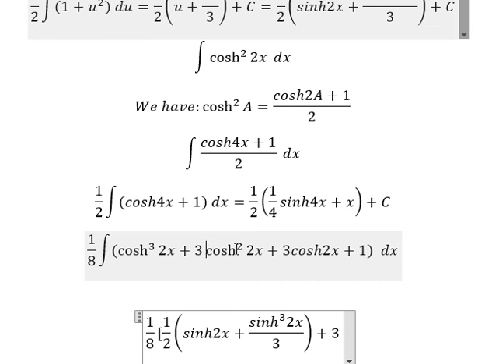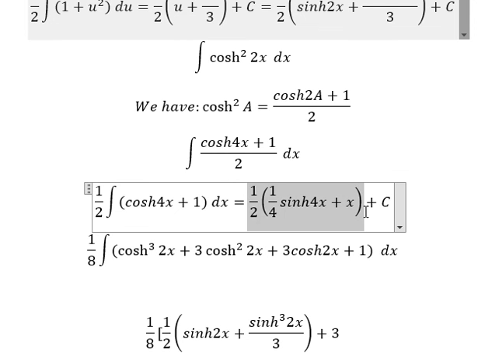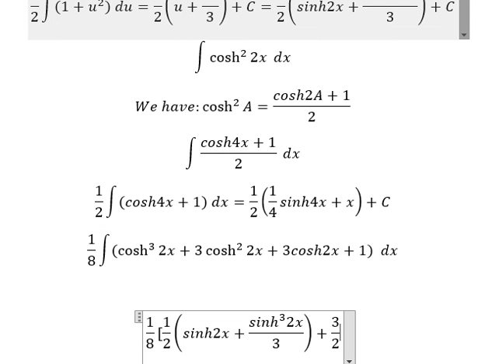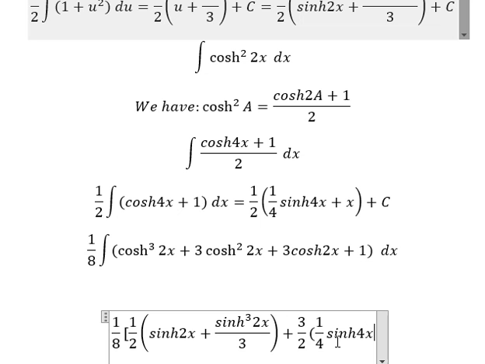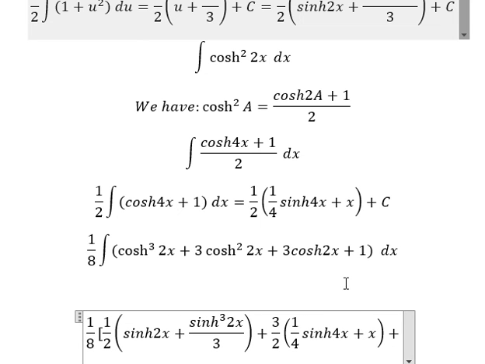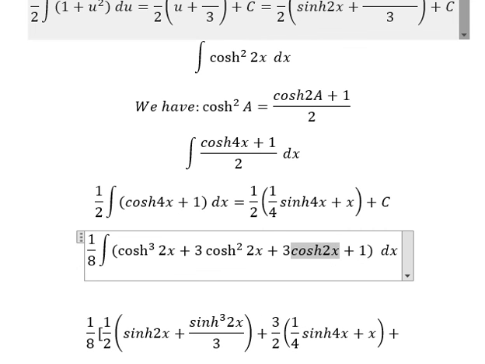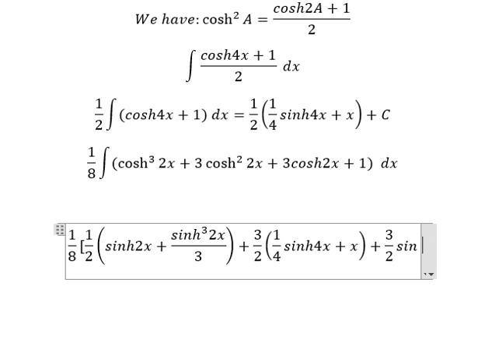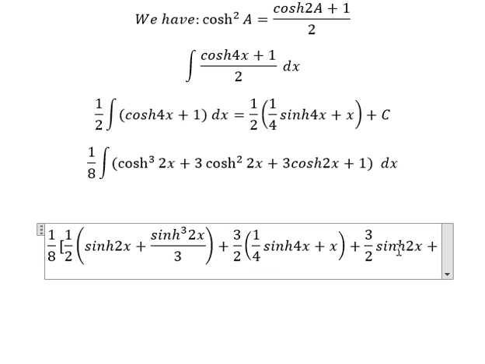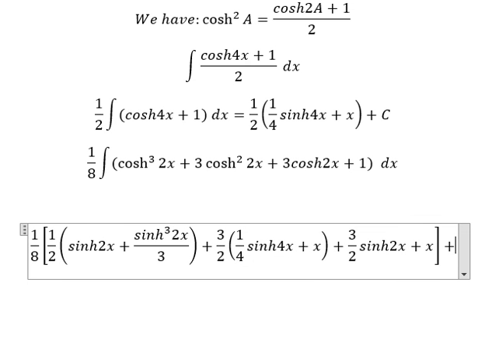The integration of this one, that is about this one. The integration of cosh 2x, we have 3 over 2 sin 2x. Number 1 that is x, and after that we put c.